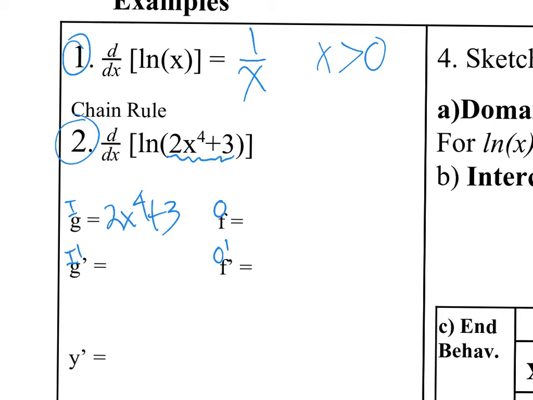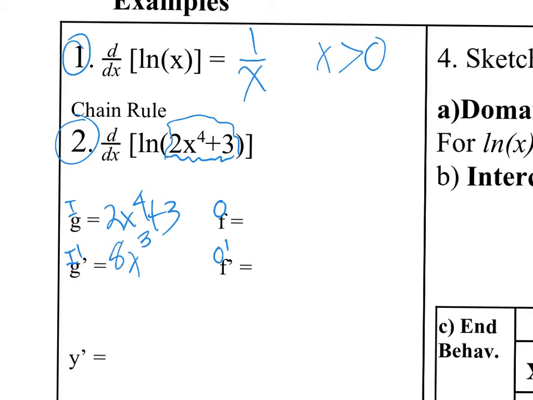How do I know it's a chain rule, by the way? What I notice is that's not an x. As soon as the argument, which is the part that's inside the brackets, is not x, I've got a composite function, a function inside a function, and I need the chain rule. So the inside prime would be 4 times 2 is 8, 8x cubed.